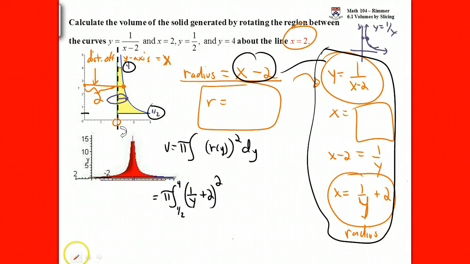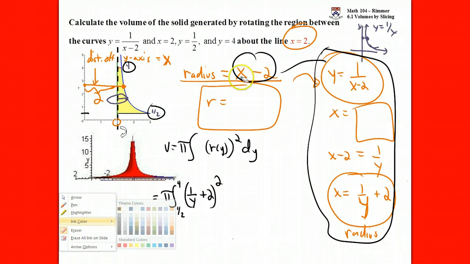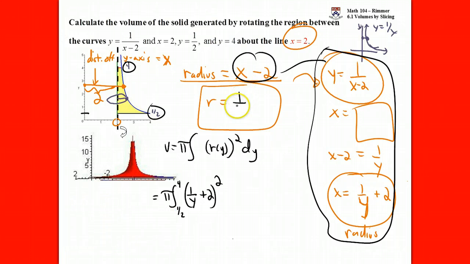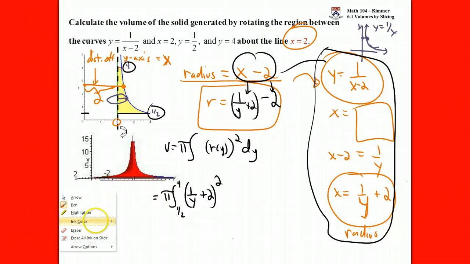Wow, that's beautiful. x is 1 over y plus 2. We never subtracted 2. Boy, that's really nice. That wasn't on purpose.